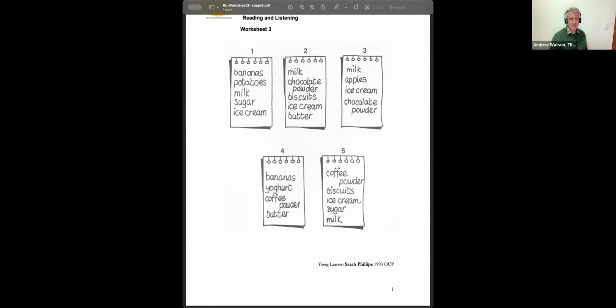Create the menu, elaborate the menu. Or they can play like buy and sell in the little store, these products. Like in a shopping.